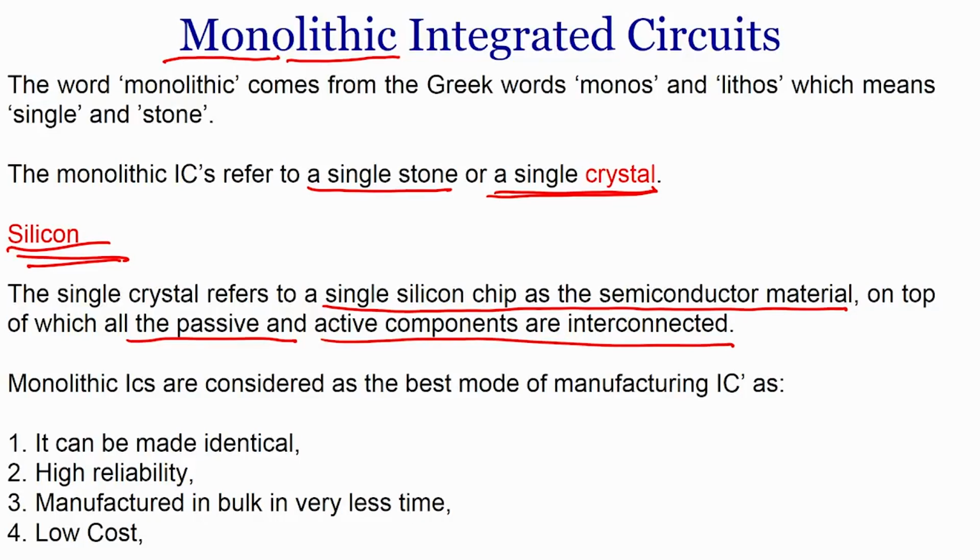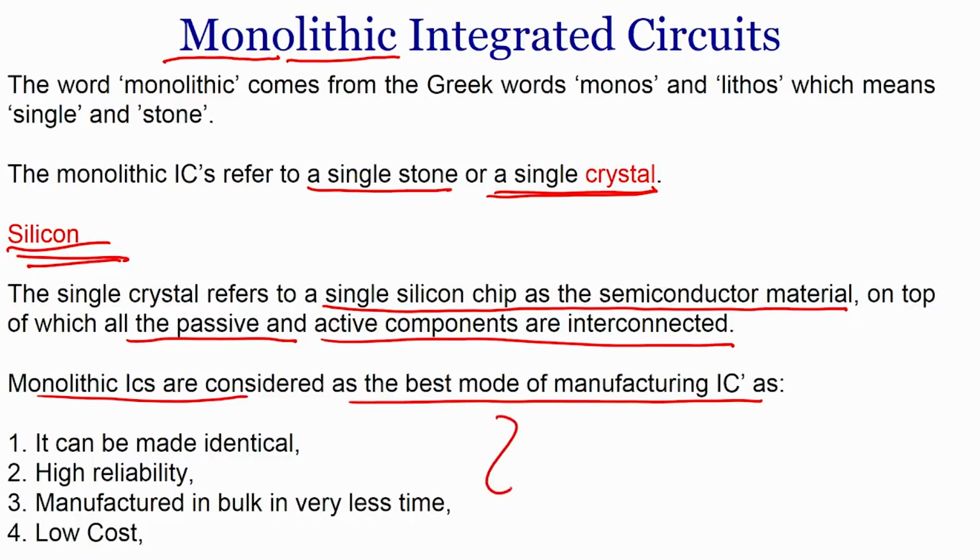Nice. Now, what is the advantage, or why are monolithic ICs considered the best mode of manufacturing IC? Let us see what makes them the best. First, it can be made identical, that is really good. It is highly reliable, it can be manufactured in bulk in very less time, and when manufactured in bulk in very less time, it results in low cost.